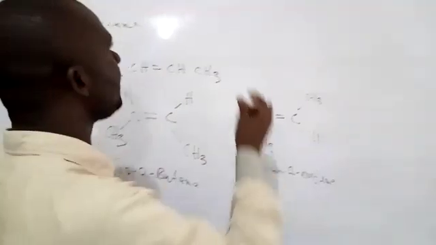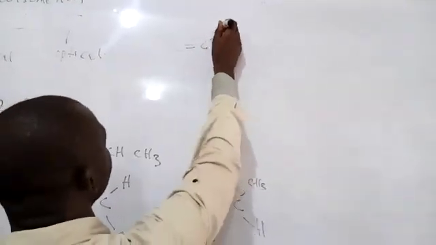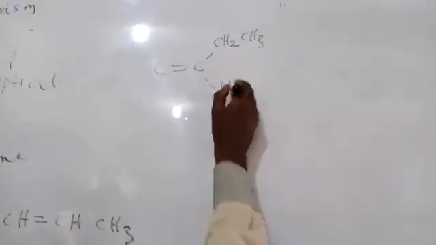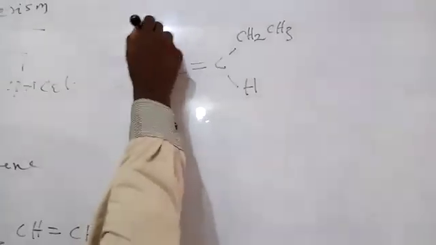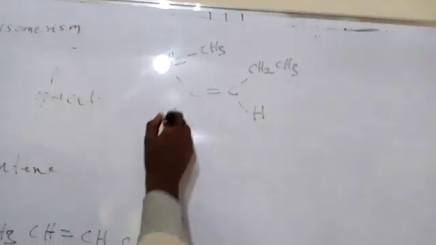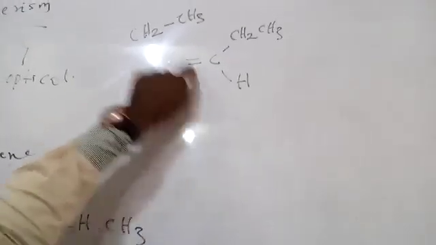Another example is C double bond C, then you have CH2CH3 and H on one carbon, and CH2CH3 and H on the other. You can see that these two carbon atoms are bearing the double bond, and you have CH2CH3 attached to each. These are higher groups as compared to hydrogen atoms.